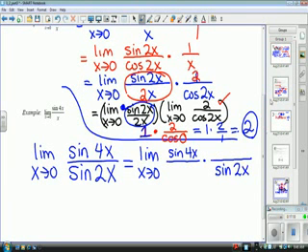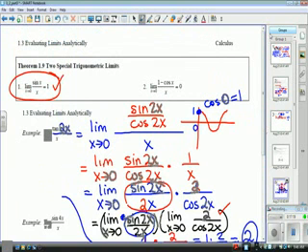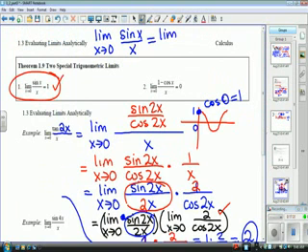Now, remember my little formulas. Something I haven't told you yet, but we could easily prove. You might want to jot this down at the top. Not only is this equal to 1, but the reciprocal is equal to 1 as well.